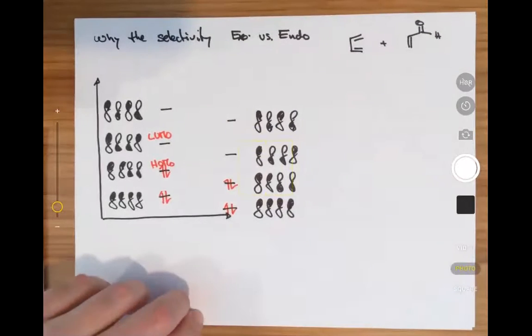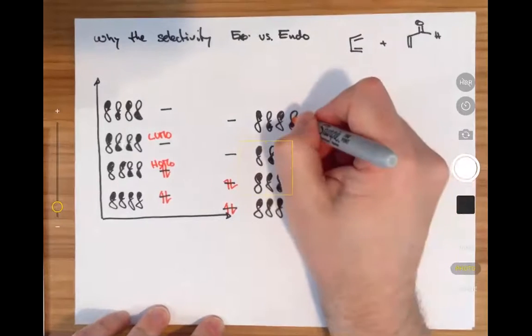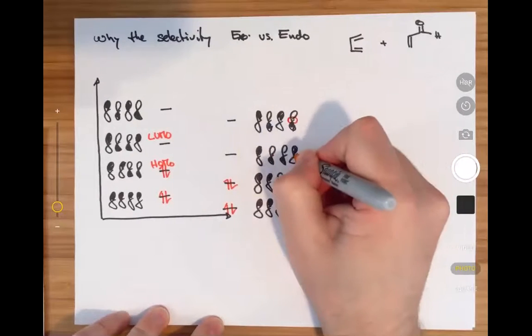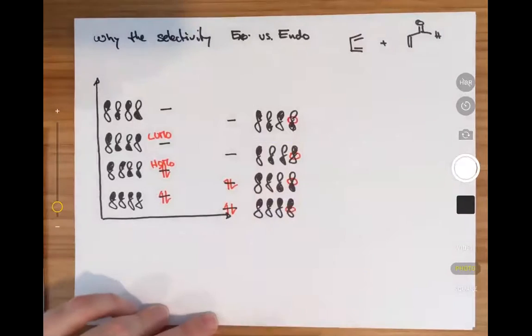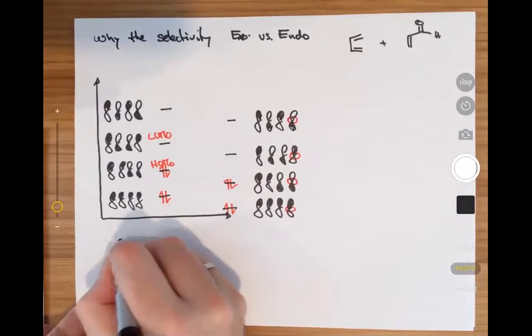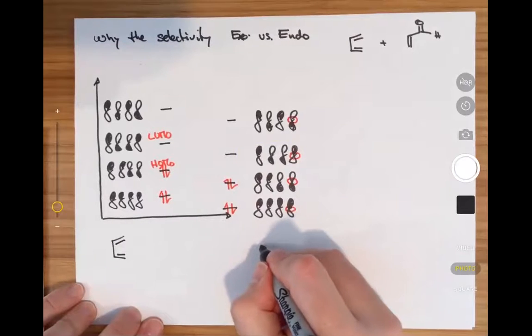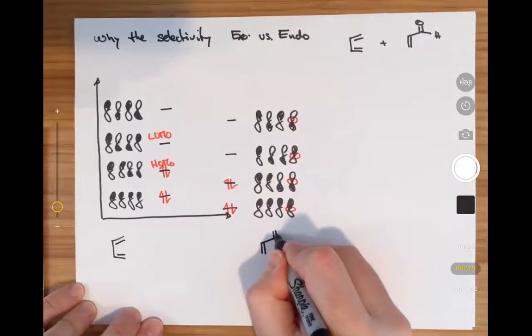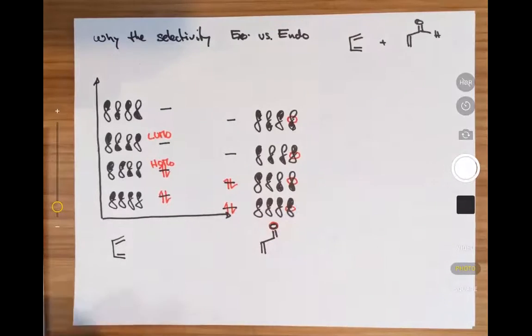Just as a quick reminder, I'm going to mark just one of these here as the oxygen. So let's say this is the oxygen of our aldehyde, right? So this one was the diene, and this one, let's draw this out. This is the oxygen here.